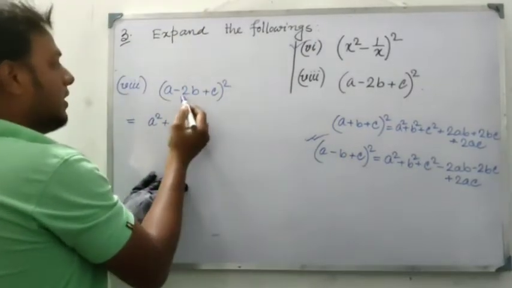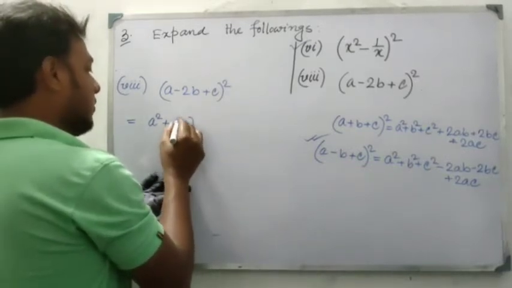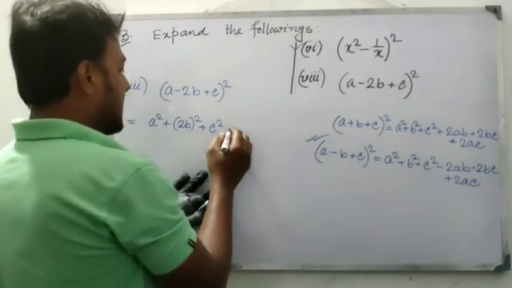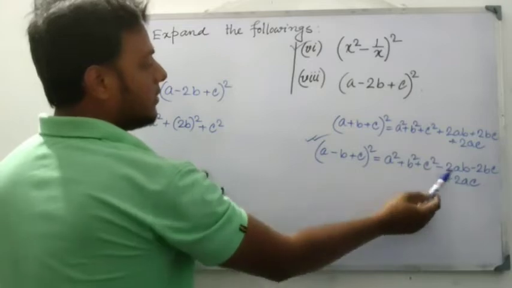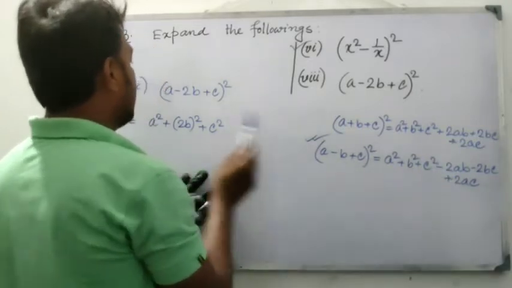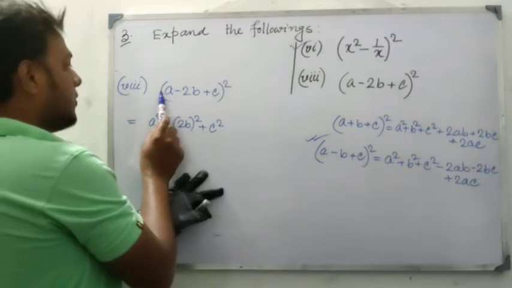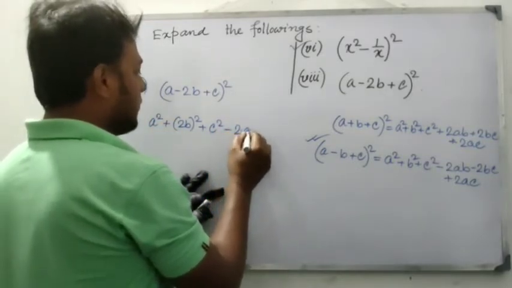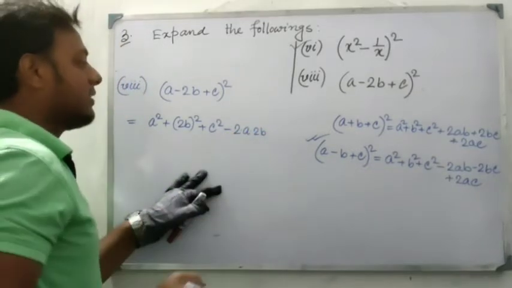So first one square done, second one square, (2b) whole square, plus third one square. Now the sign of 2ab, 2 into first, second. First is positive, second is negative, so positive into negative means negative. 2 into first, second. Already we have decided the sign.